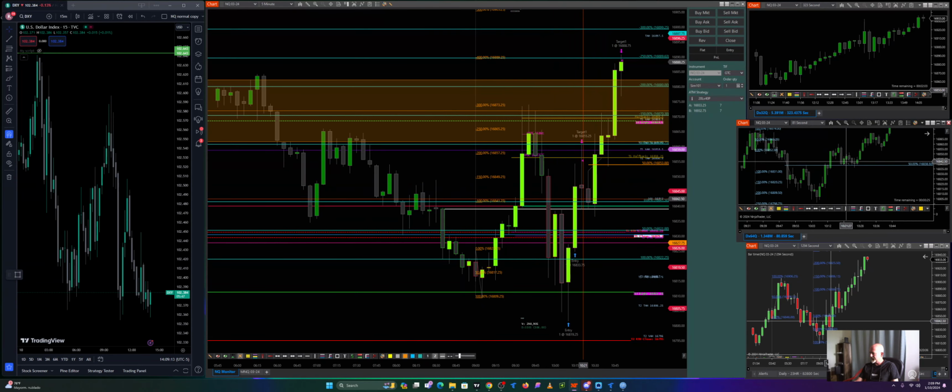But you can see it went back down and it was using the Asian range high. It was using the open. It was using the 8:30 news release, all as support, while the wick did reclaim this order block here, this bullish order block right here, which is really close to 50% of that inversion.